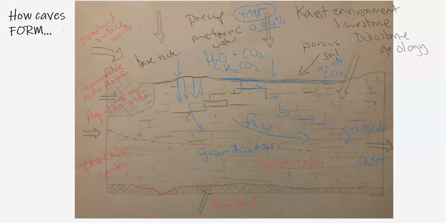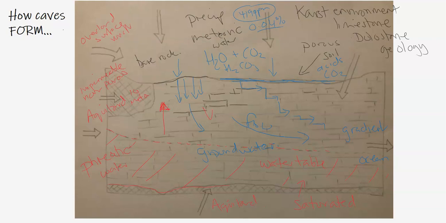The water table shows us the highest extent of groundwater where it is underground. So anything below the water table would be a saturated zone. Anything above the water table, anything above this dashed line going up to the surface, would be a zone of aeration, or an unsaturated zone.